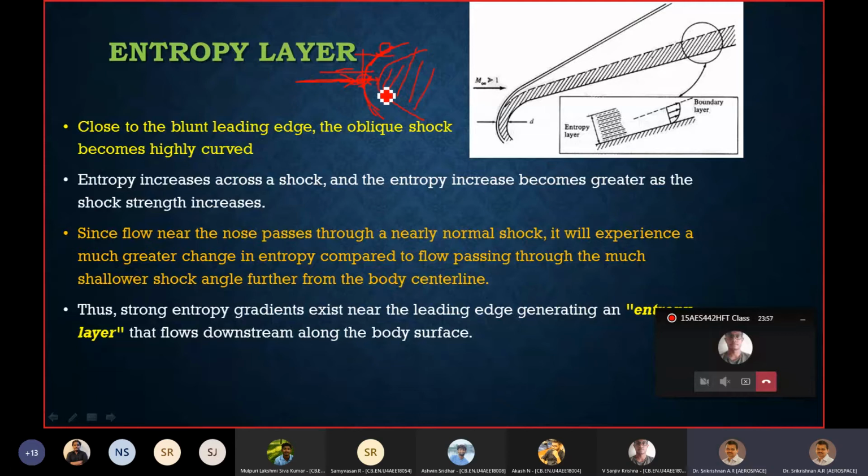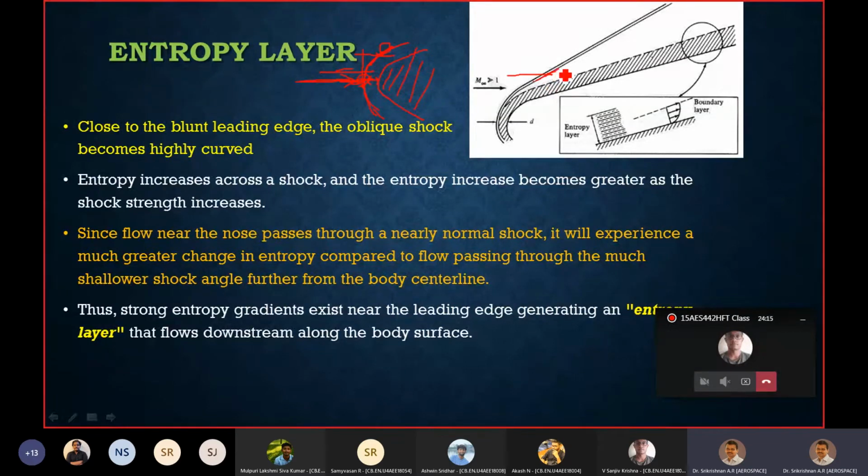I hope that is clear. Streamlines near the center, along the center, go through a normal shock, so they will suffer a higher increase in entropy. Streamlines going away from the surface go through an oblique shock region.